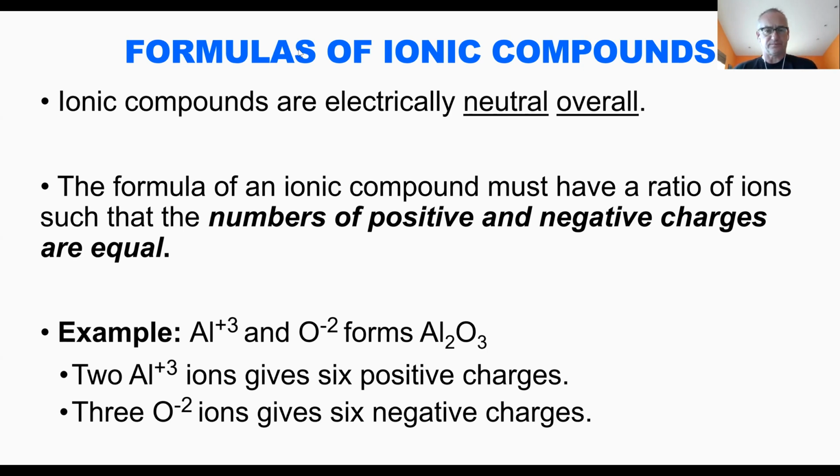And oxygen in group 16 or group 6 needs 2 electrons to get the chemical nirvana. So it's always -2, always. So if I have a +3 and a -2, I'm going to need 3 of these and 2 of these to get to 6 charges. And that's the smallest number that's in common between 2 and 3. So that's the smallest whole number of ions that will balance out.